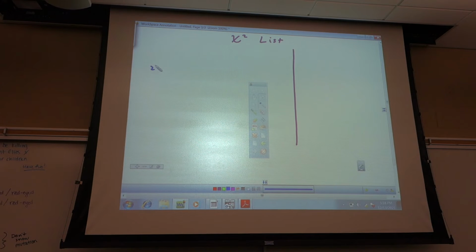Okay, good. So on step 2, the degrees of freedom is going to be number of categories minus 1. And then what else did you say? Can I start with this?